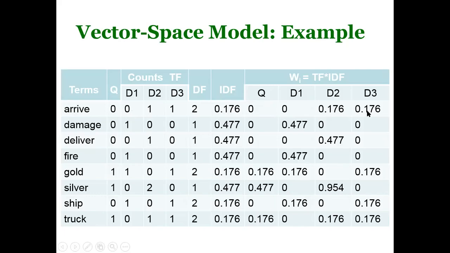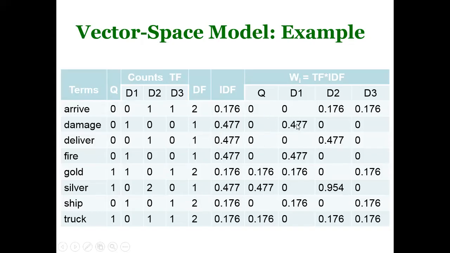So in this way, for all the terms, we have to calculate their TF-IDF in each document, including the query. Finally, the query is represented by 0, 0, 0, 0, 0.176, 0, 0.477, 0, 0, 0.176, based on the terms that are extracted from the documents.